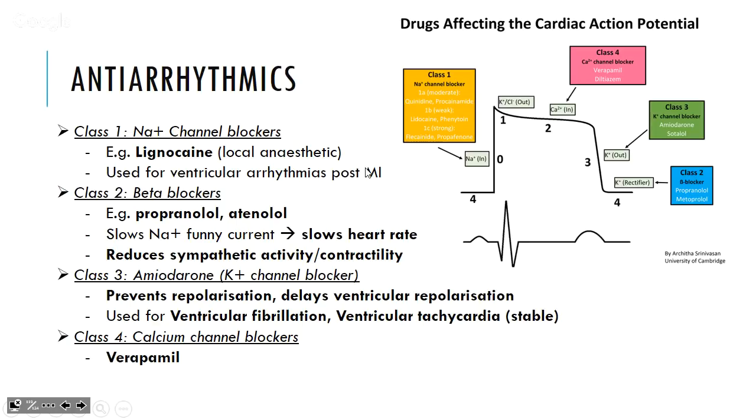Antiarrhythmic drugs, you have either rate controllers, which decrease your heart rate, or you have rhythm control, which actually fixes the rhythm. These are some of the drugs that we use. Sodium channel blocker and beta blocker are rate control, and then amiodarone and calcium channel blockers.